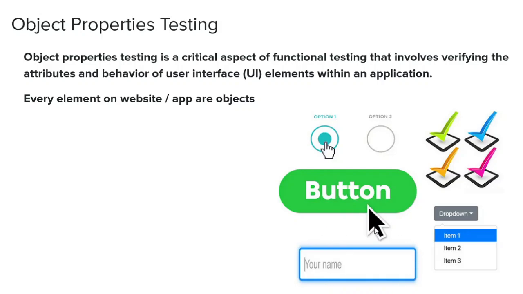And what will be the behavior? We can input text in that field, we can put some special characters, and there can be validations as well. There can be input fields where we can only enter alphanumeric values, or we can only enter numbers in that input field. That would be the behavior specific to that object.